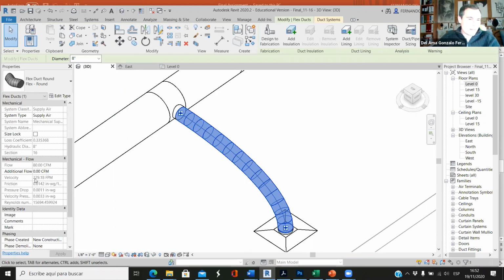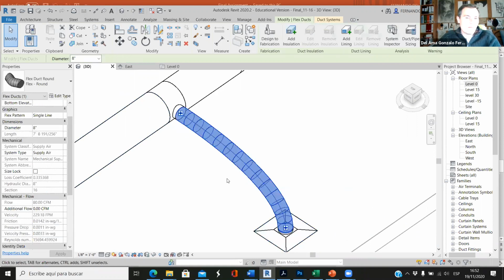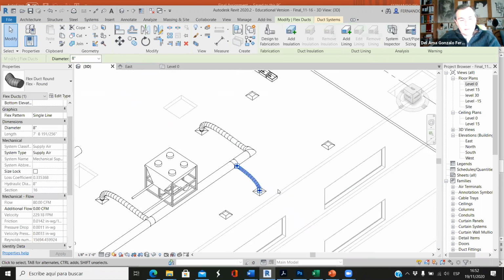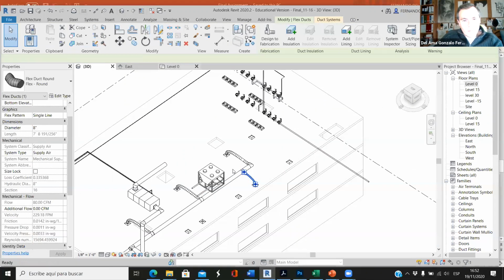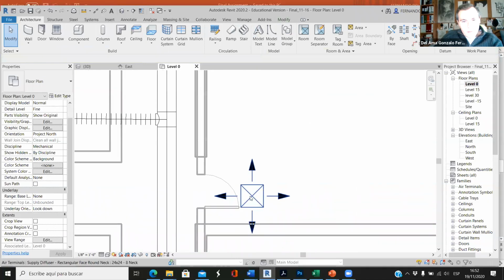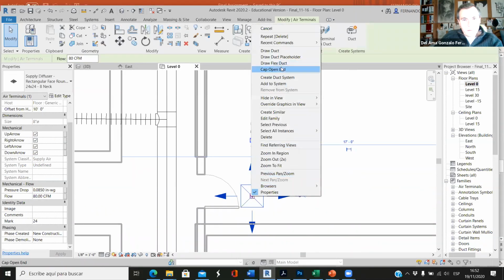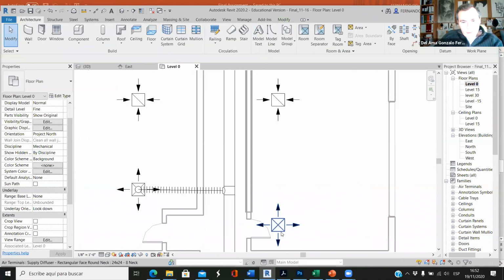Okay, so the velocity here is 200. It's fine. Okay, so this doesn't have to be 12 because the airflow that we have here is only 80. It's not 400. Okay, so this is fine. So we can have an 8-inch duct here. And now we have to do the same with this one, flex duct, and the same with this one.